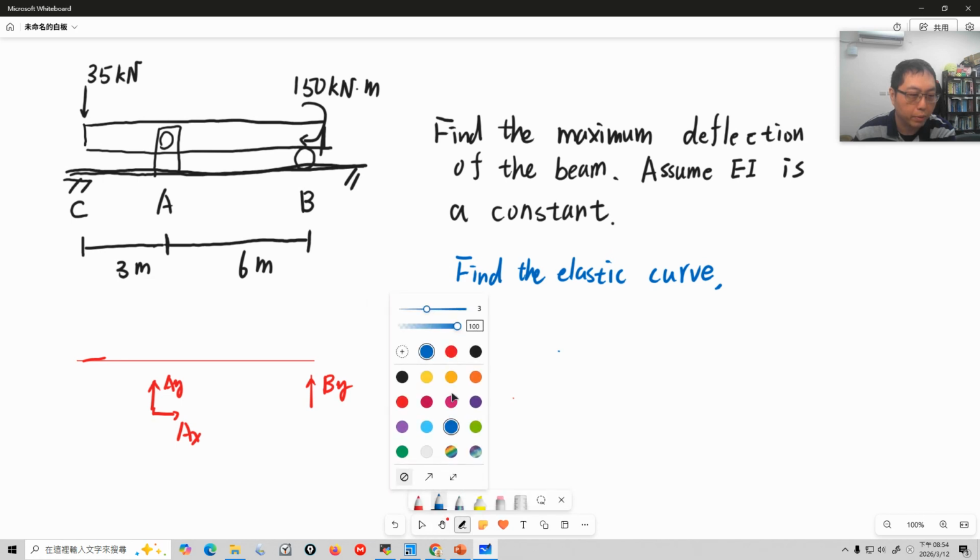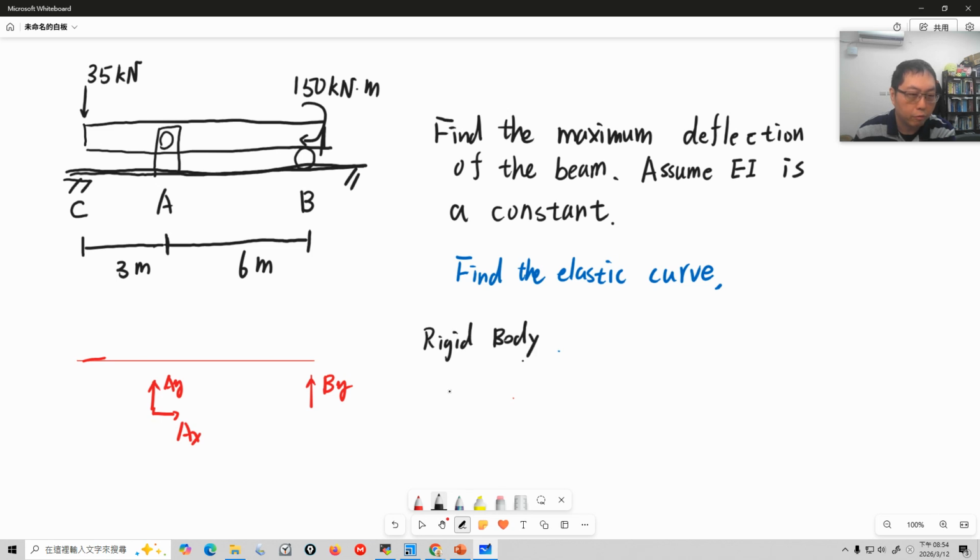Rigid body equilibrium. When you do the rigid body equilibrium analysis, we need to draw the free body diagram. The free body diagram is here, but right now it's not complete. I forgot a force here.